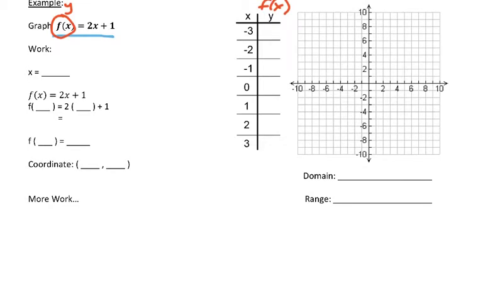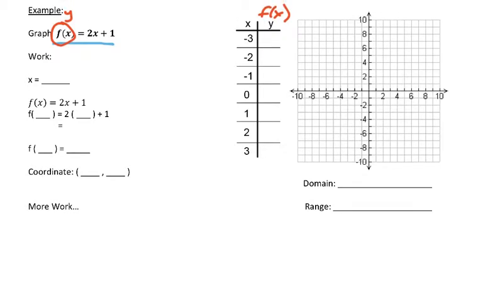So, first thing that we're going to do is pick our first x. Okay, so here we are with -3. So showing your work means that you're going to say that x is -3. And now if I rewrite the equation, which is f of x equals 2x plus 1, notice that I just said that x is actually -3. So that means that any time that I see an x, I'm going to put -3. So in this next step here that's written down, I have that -3 would be inserted in there.